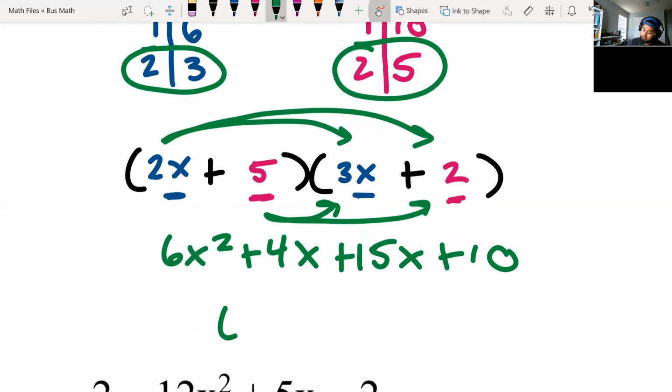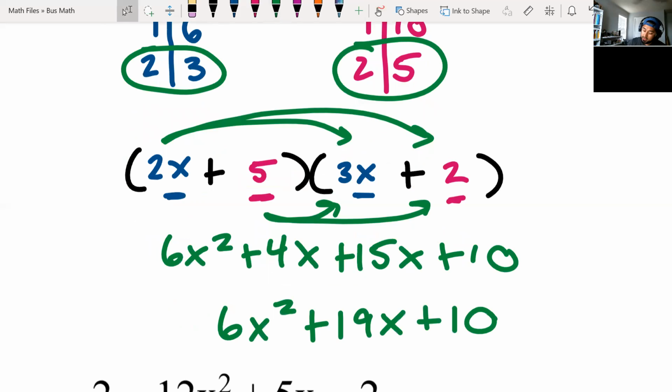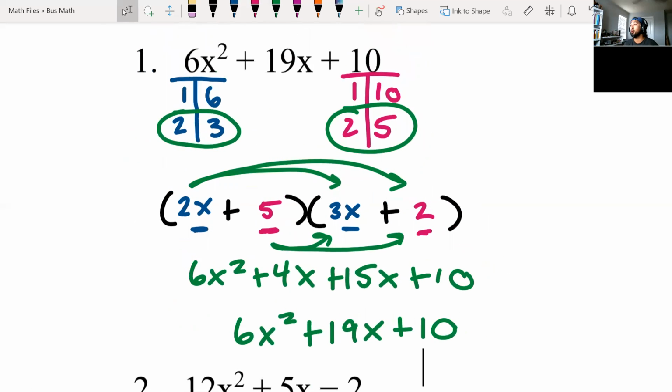Combine your like terms, and we get 6x squared plus 19x plus 10. Does that look like the original problem? Yes. So that means we have factored it correctly, and we have factored it correctly on the first try, which is amazing, right?